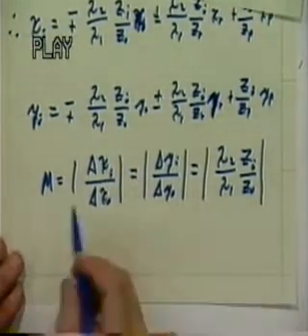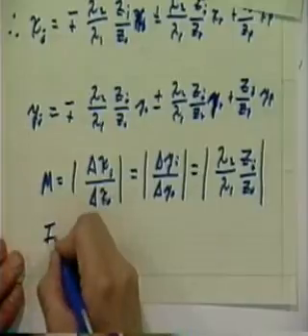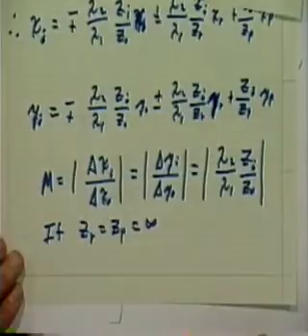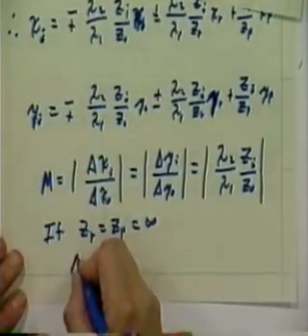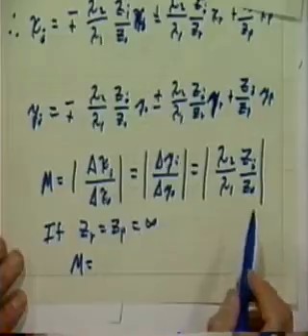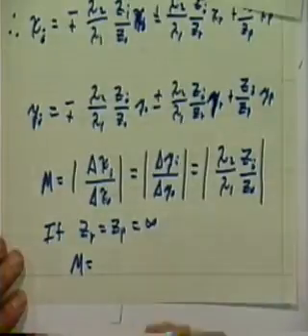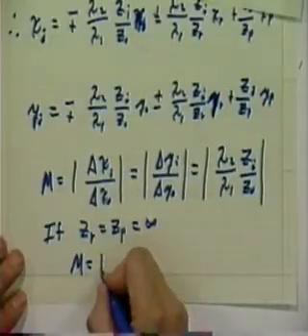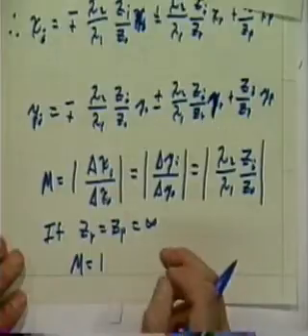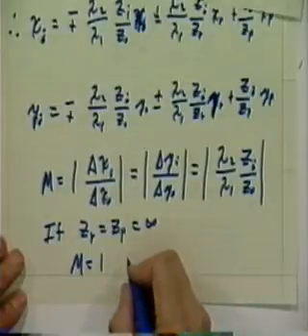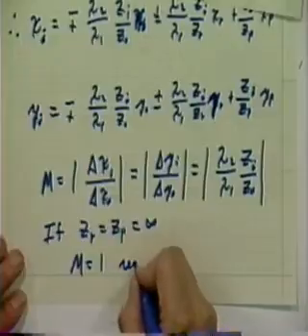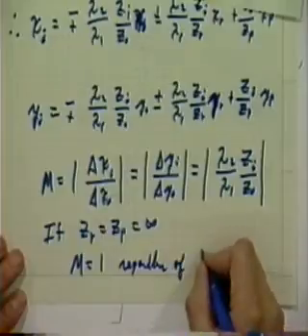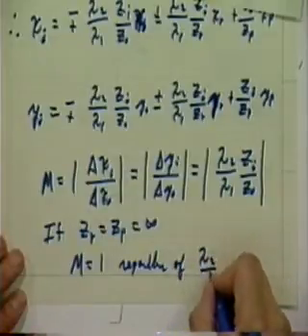A kind of interesting case here: if z sub r and z sub p are infinity, so I have a plane wave, then the magnification here is going to turn out to be equal to 1, regardless of lambda, the ratio of the wavelengths.